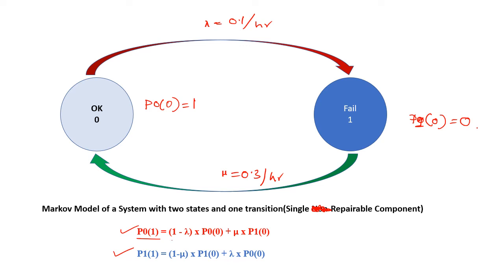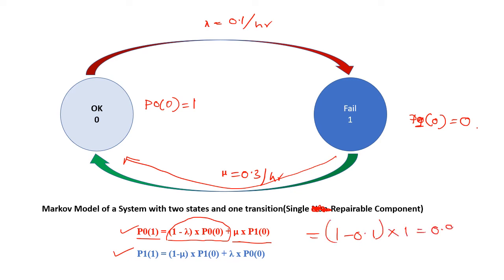So 1 minus lambda into p0 stays in state 0, and there is some probability that components in the failure state will come back from 1 to 0 with a probability of mu. That's why mu into p1 at 0. But at the initial stage, p1 at 0 is equal to 0, so it will only be 1 minus 0.1 into p0 at 0, so initially it will be 0.9. Similarly, 1 minus mu will apply to p1 at 1.